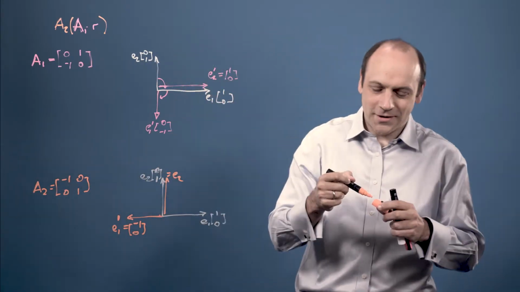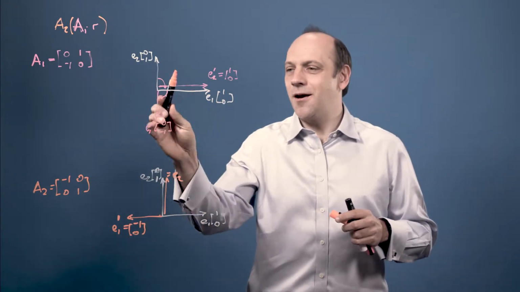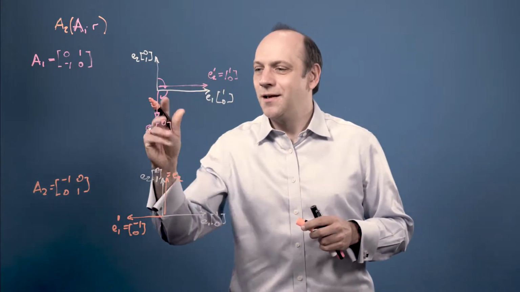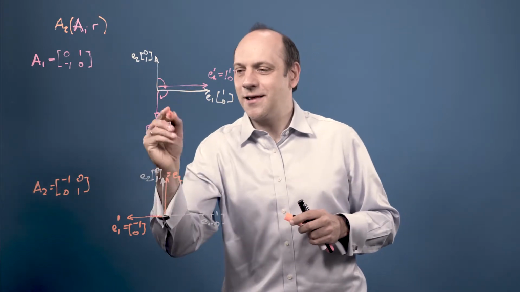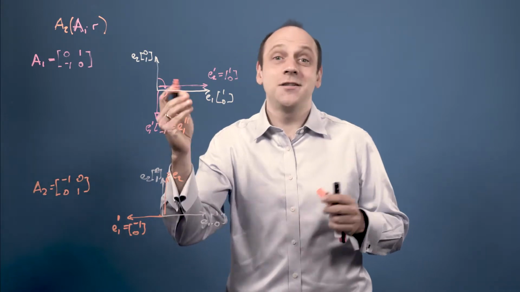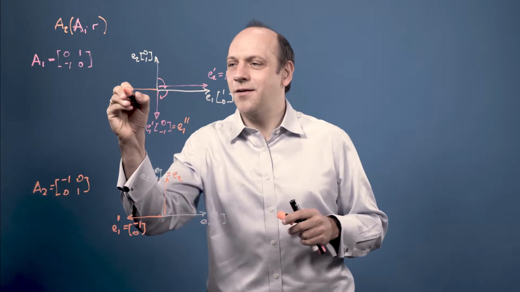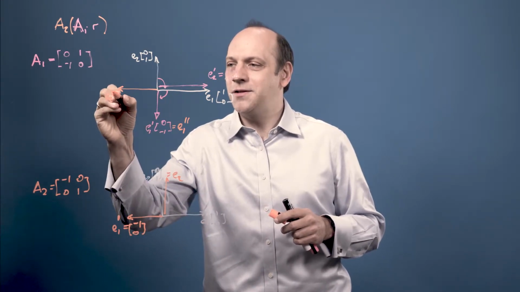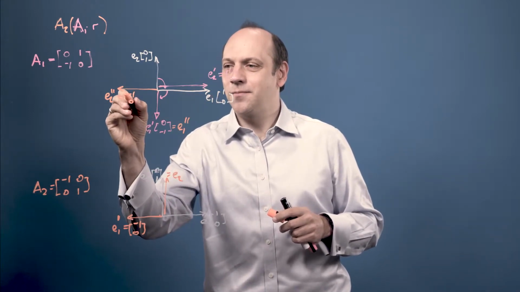Now, let's ask ourselves what happens if I do A2 to A1. So now I'm going to reflect over the result of doing A1. E1 prime, when I reflect vertically, is going to stay in the same place. And that's going to give me E1, let's say, double prime for doing it twice. And E2 prime is going to reflect over here, and E2 double prime is going to be (-1, 0).